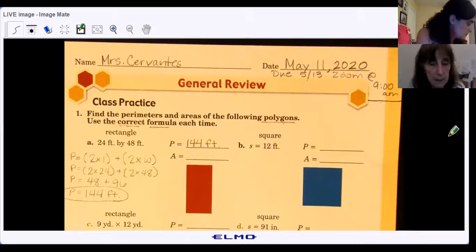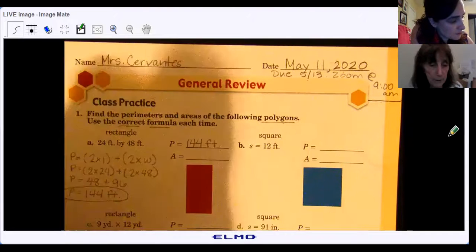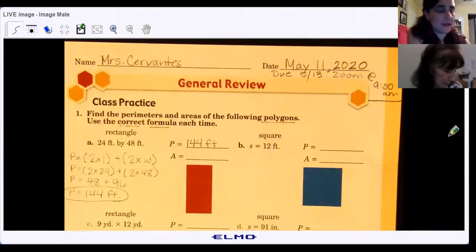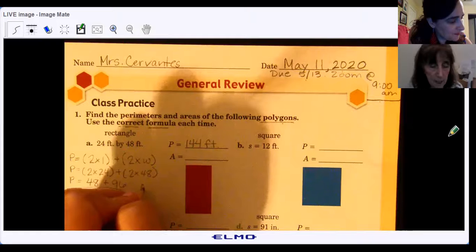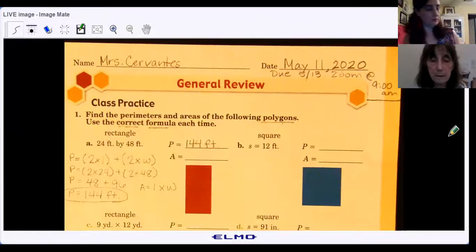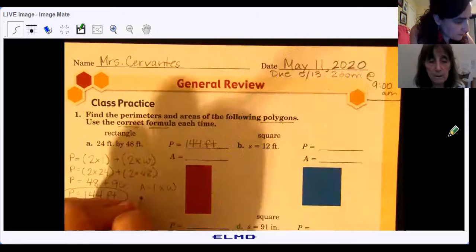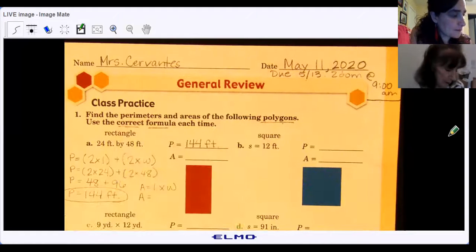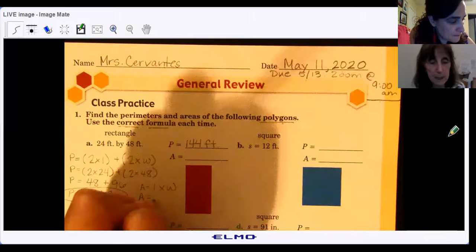Let's do area. Remember, area is the length times the width. So we have area, L times W. All right, and then we have area equals 48 times 24.